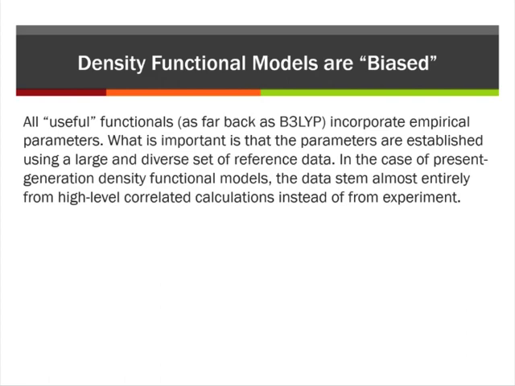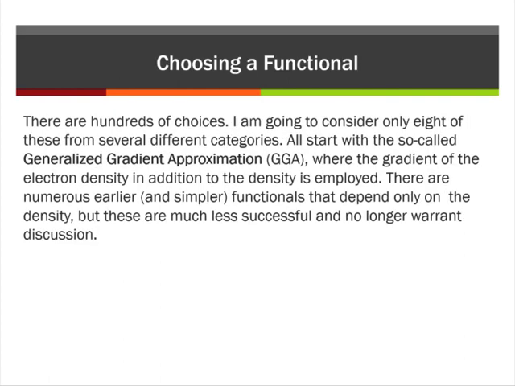The theorist community doesn't like to admit this, but all these theories, as far back as one of the most popular functionals, this thing called B3LYP, which people who've done modeling will recognize that name, have parameters in them. And that means that you have to be careful of biasing your theory to get the results you want. That's something you have to really try to avoid.